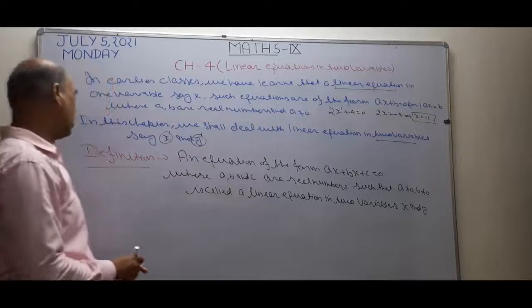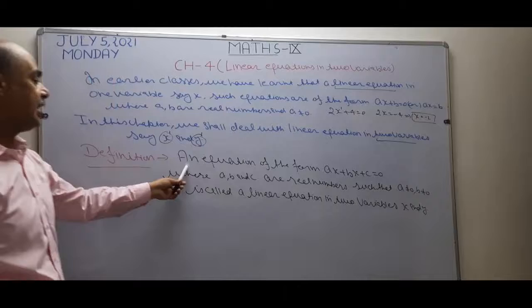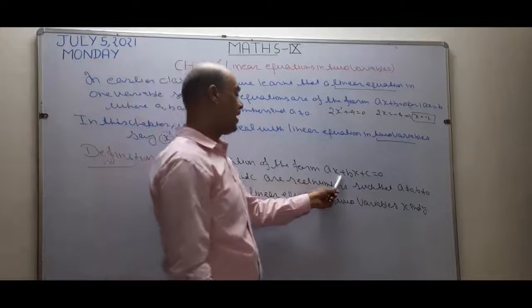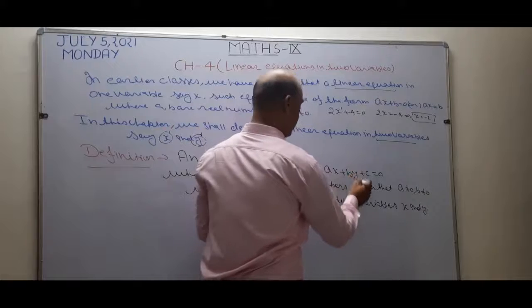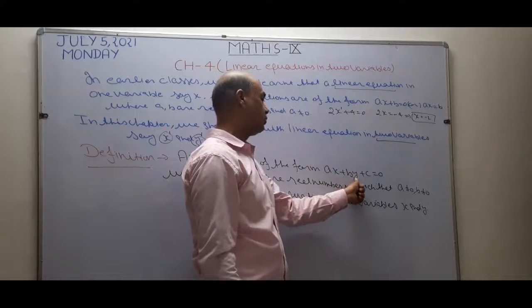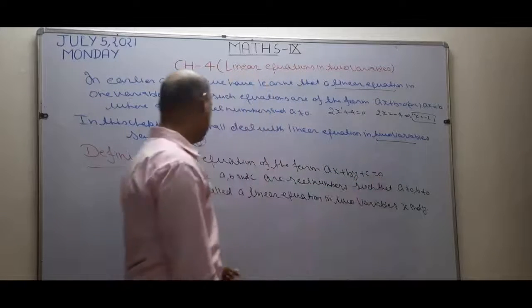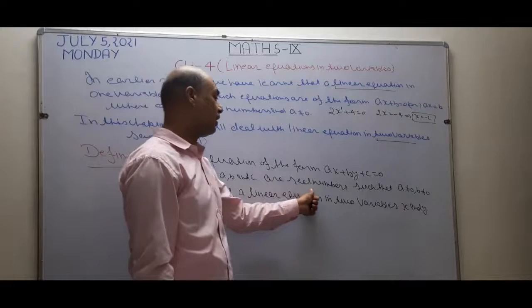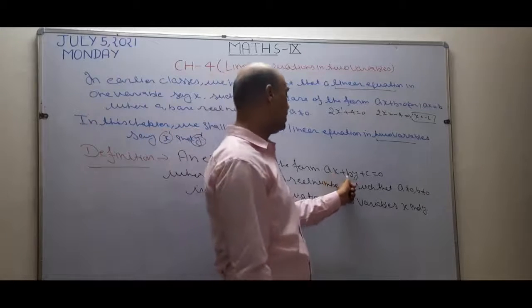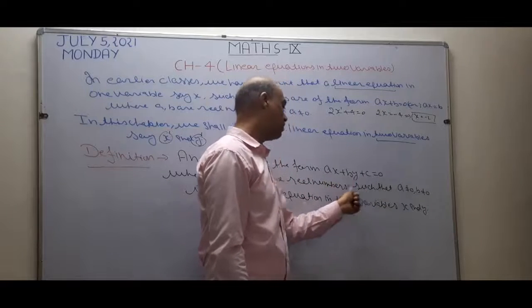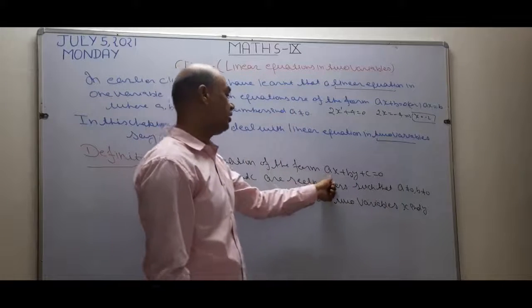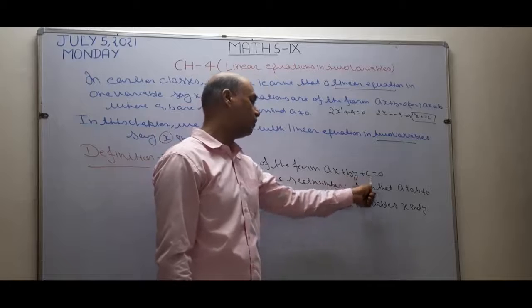Okay? Now, what is the definition? An equation in the form of ax plus by plus c equal to 0, where a, b, c are real numbers and a and b cannot be equal to 0, such an equation is going to represent a linear equation in two variables.